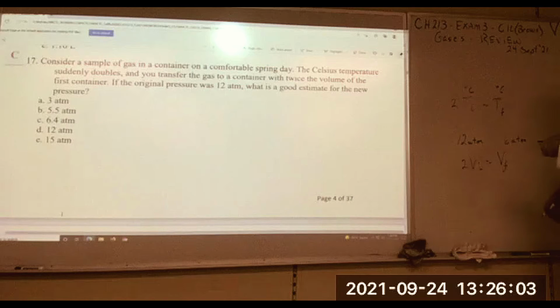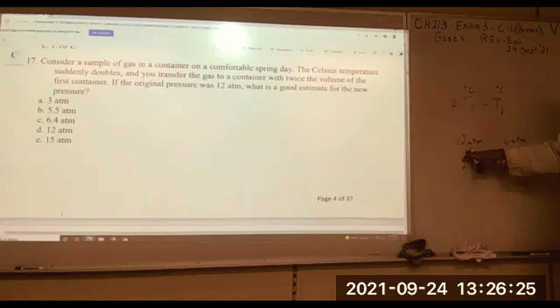But what if the temperature doubles? If the temperature in Kelvin doubles, right, then the pressure would be back up at 12. If you double the temperature, then the pressure would go back up to 12.